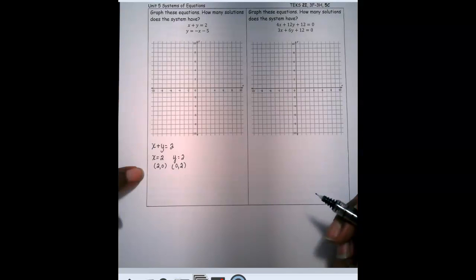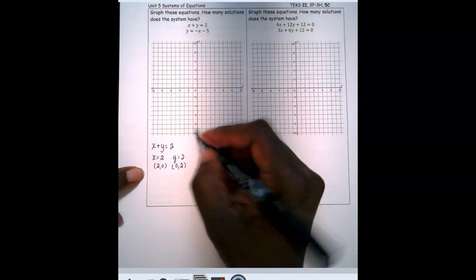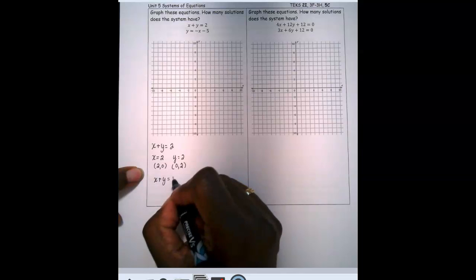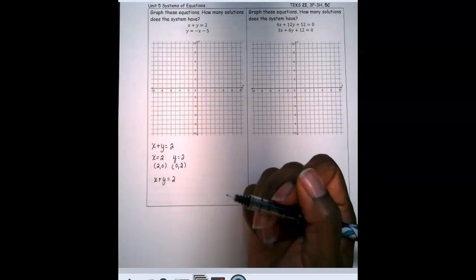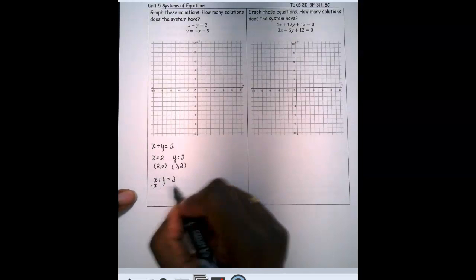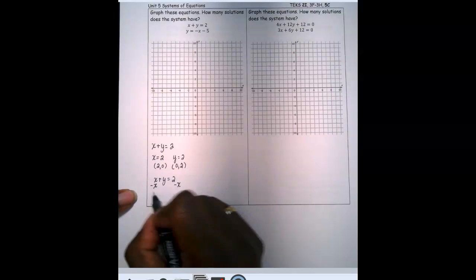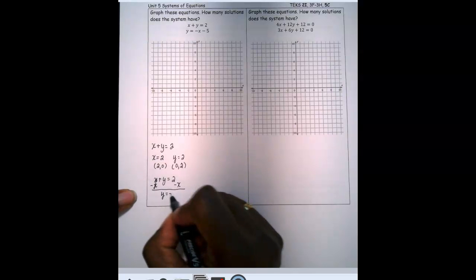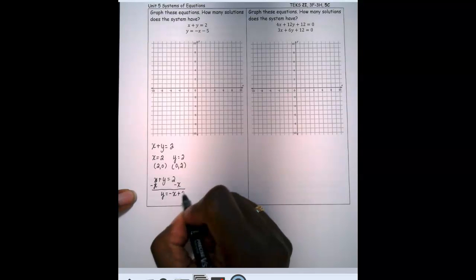The other way to do it is, okay, well, I've got x plus y equals 2. And remember I said, or you could just put it in slope-intercept form. So I could subtract x here from both sides of the equation. And I could have y is equal to negative x plus 2.